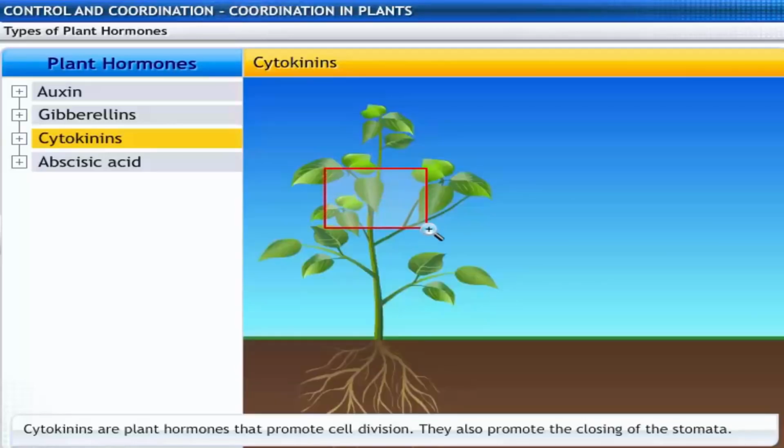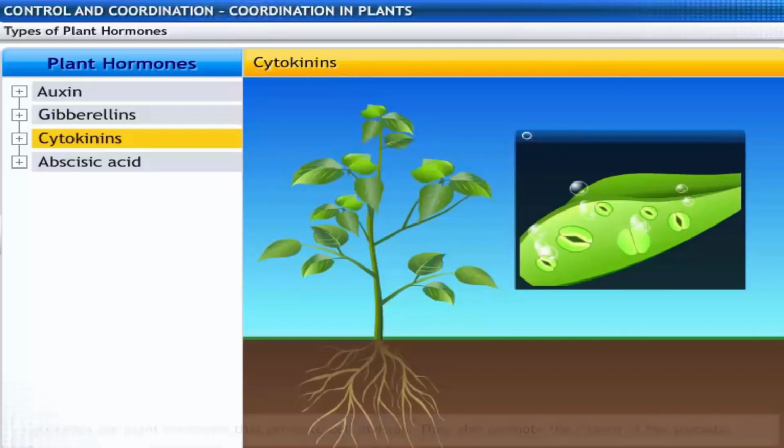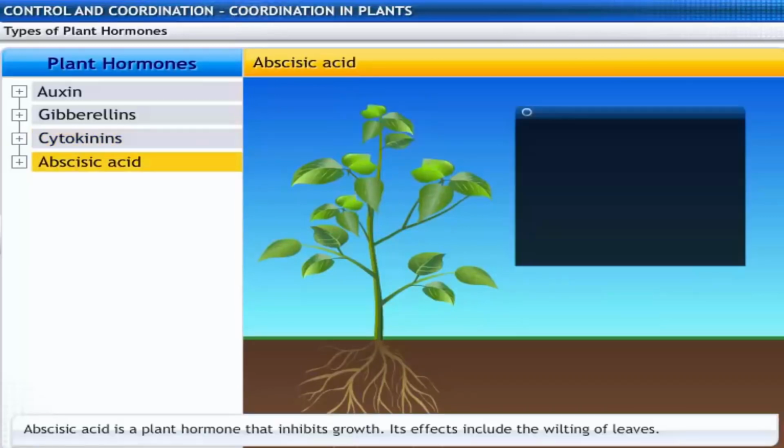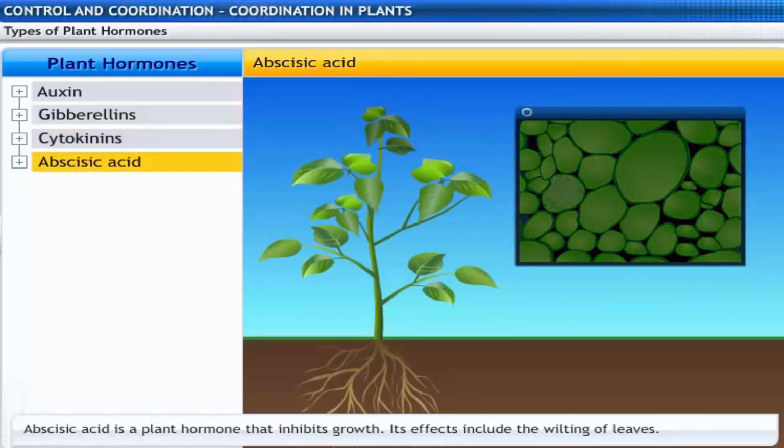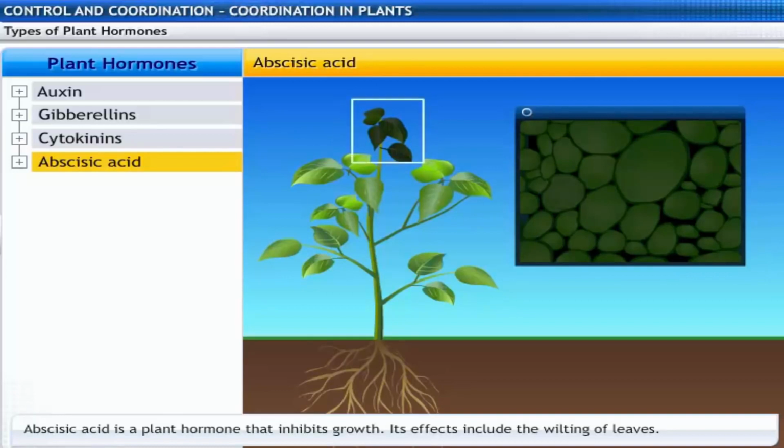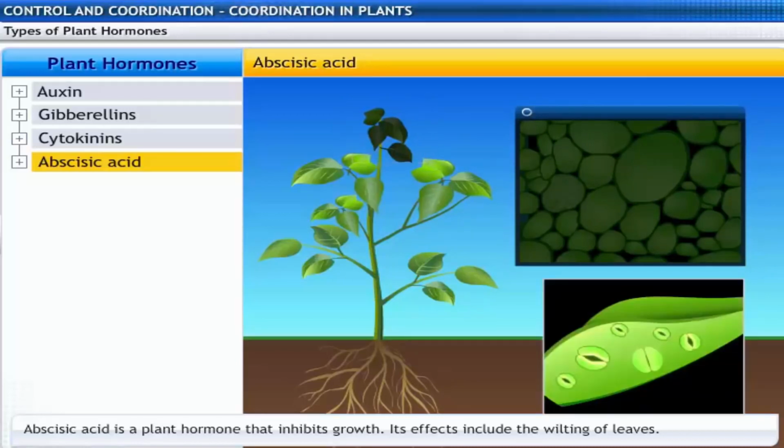They also promote the opening of the stomata. Plants also need signals to stop growing, and these are provided by the hormone abscisic acid, which inhibits growth. Its effects include the wilting of leaves and it also promotes the closing of the stomata.